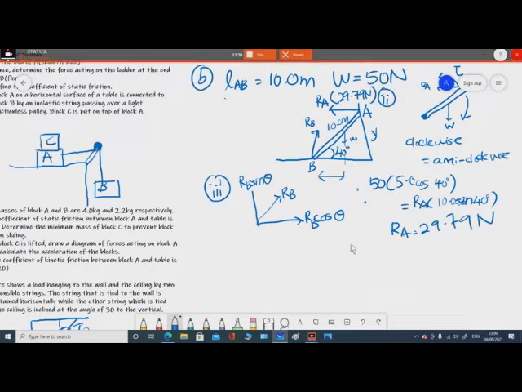It's quite confusing if I draw in this diagram, so I will not draw in this diagram. I'll draw it in another diagram.